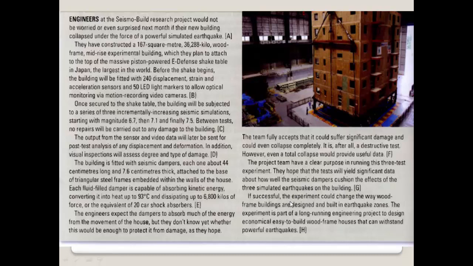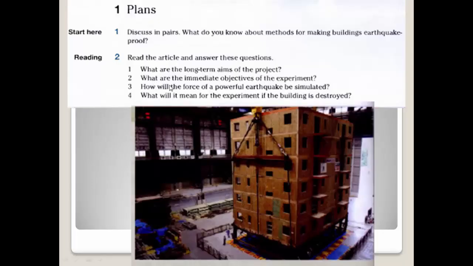Passage G: if successful, the experiment could change the way wood frame buildings are designed and built in earthquake zones. The experiment is part of a long-running engineering project to design an economical, easy-to-build wood frame house that can withstand powerful earthquakes. This is passage H. From this passage, we need to find the answers to these questions.